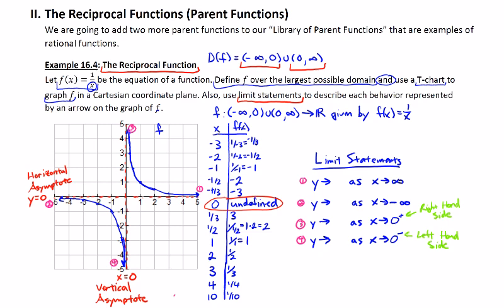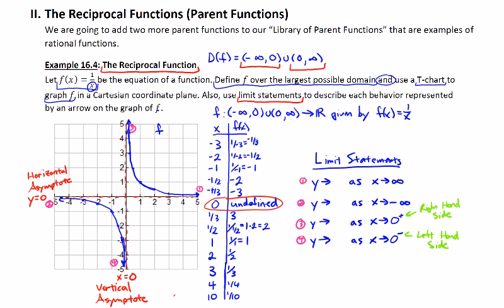So now let's talk about what are the y values doing as we look at these different arrows. Statements 3 and 4 are going to be a lot like the end behavior that we had from polynomials for the y value. So that would be for statement number 3, you can see how the arrow is going to be going up, up, up, up, up as we get closer to that vertical asymptote.